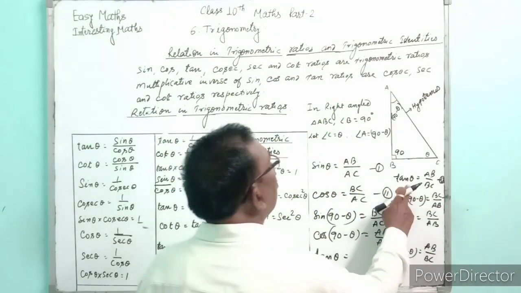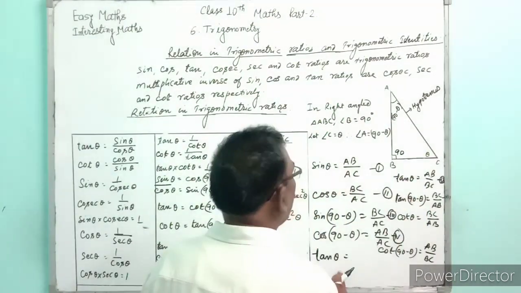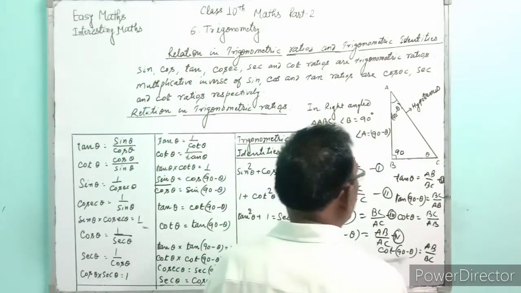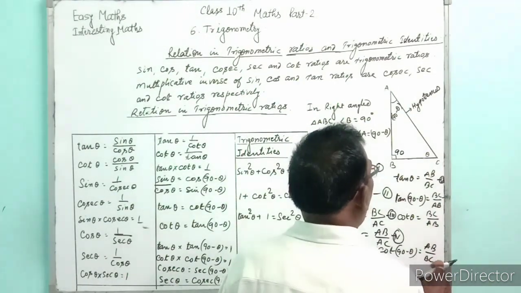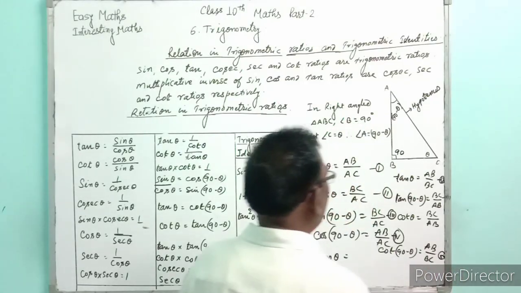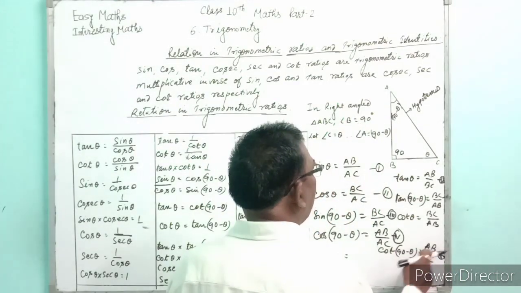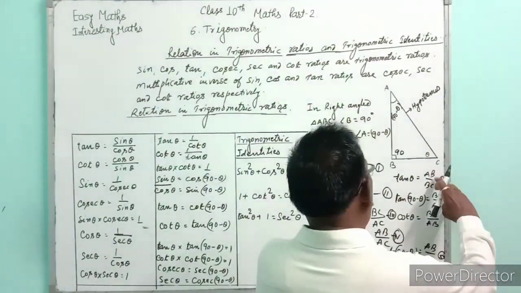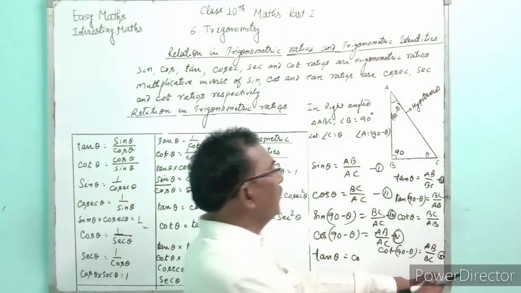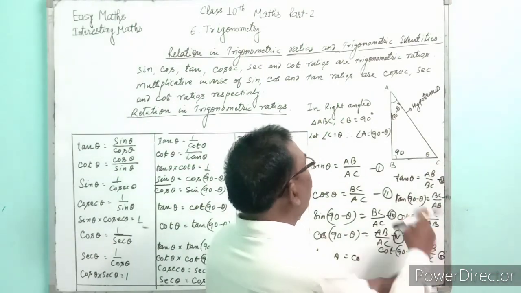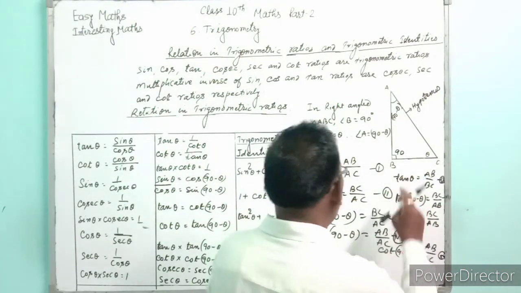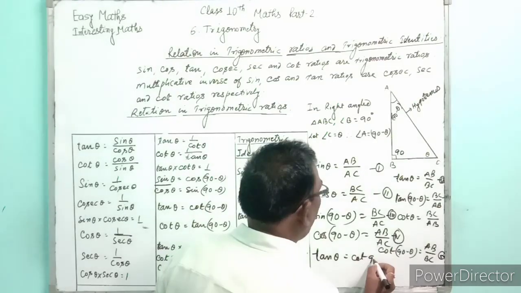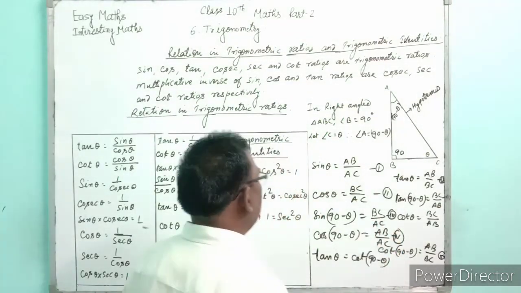From number 5, tan theta is equal to AB by BC, and from number 8, cot 90 minus theta is equal to AB by BC. In these two equations the right hand sides are equal, therefore the left hand sides must be equal. Therefore tan theta is equal to cot 90 minus theta.